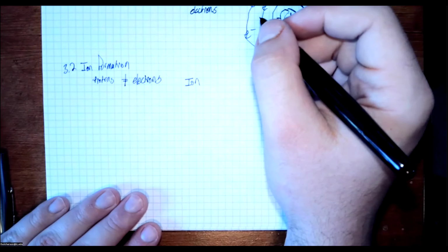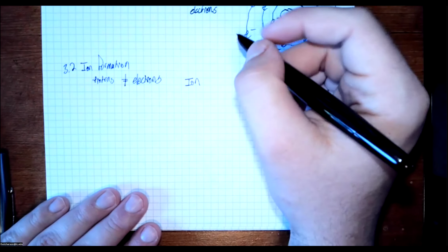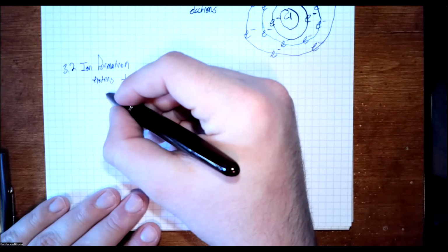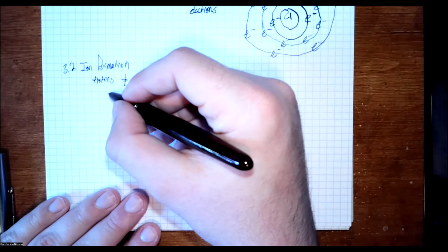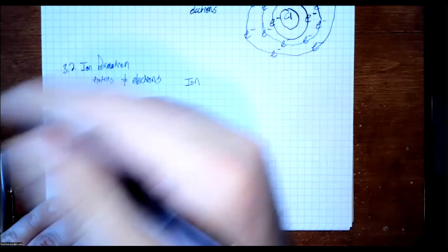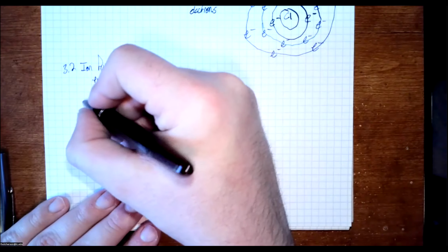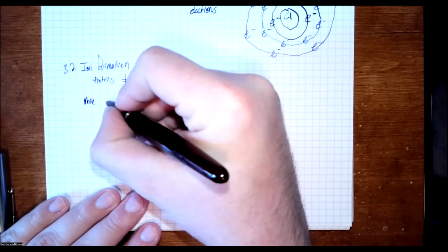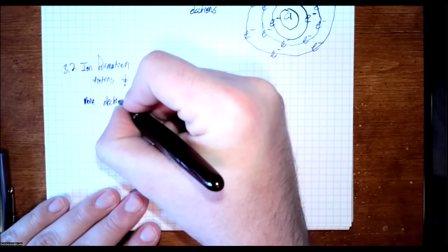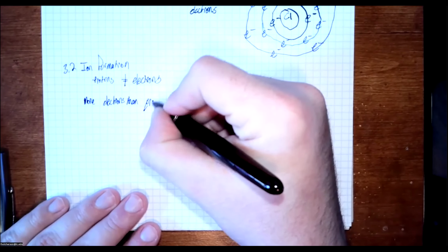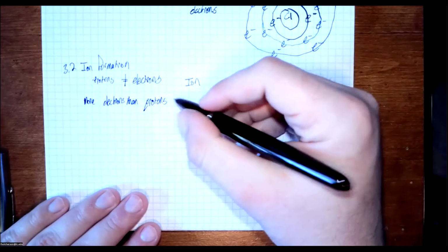Right? So if we look at ions, if we have more electrons than we do protons, electrons are negative, protons are positive, more electrons than protons.